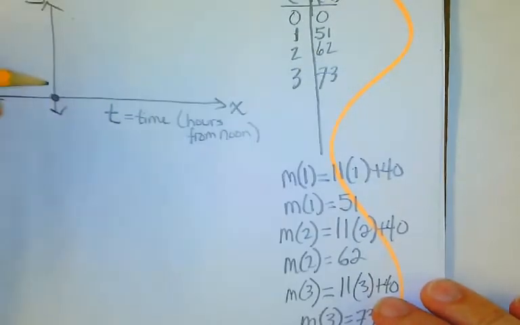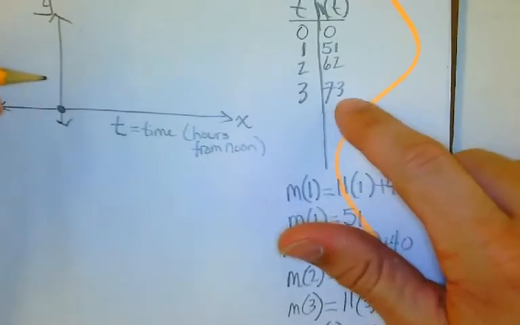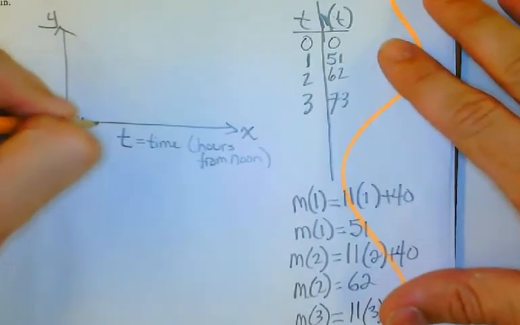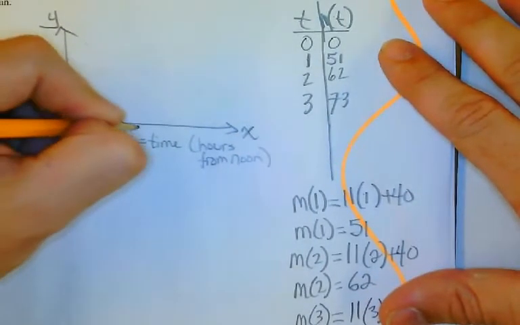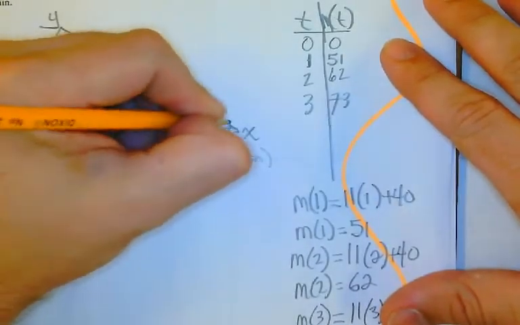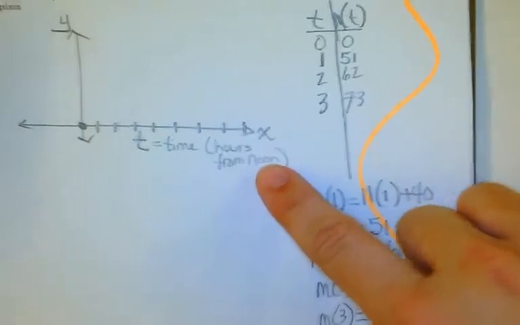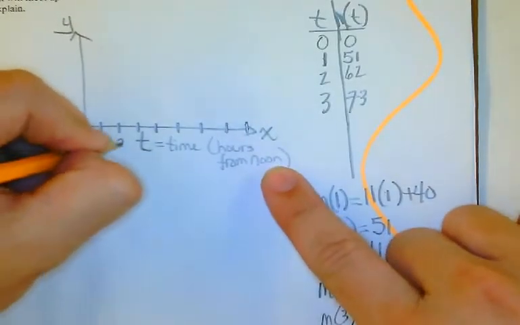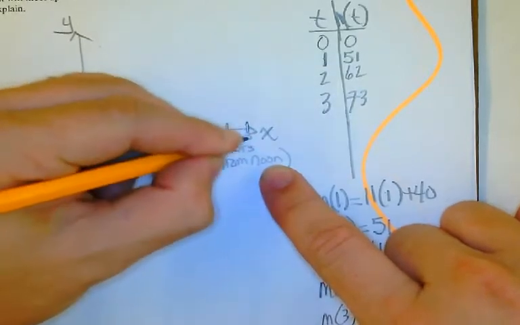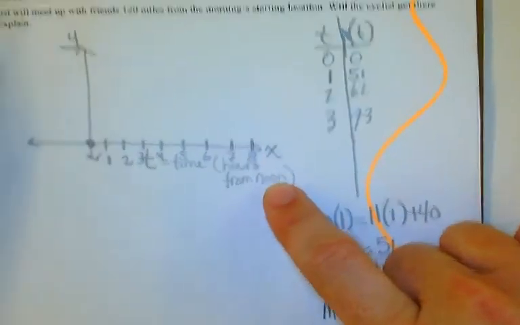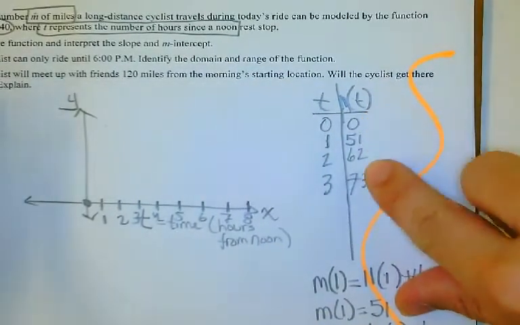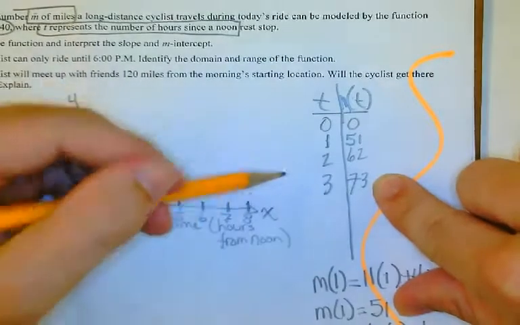All right, so it looks like we're going to ride quite a few miles today. And our time doesn't go out that far. So I'll do 1, 2, 3, 4, 5, 6, 7, 8. And this is since noon. So literally we're talking about 1 p.m., 2 p.m., 3 p.m., 4 p.m., 5, 6, 7, and 8 p.m. On my miles, I go from 0 miles to 73 miles at hour 3.